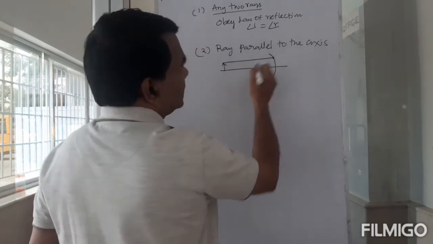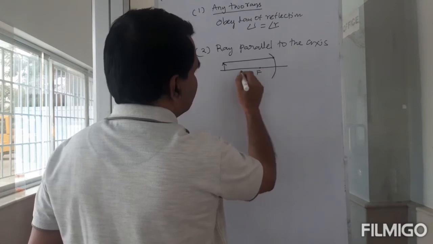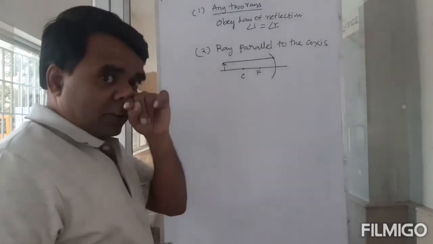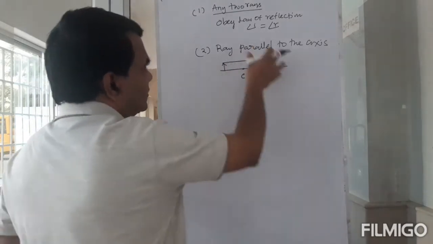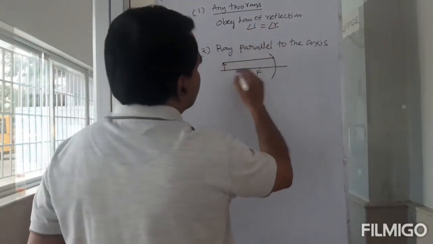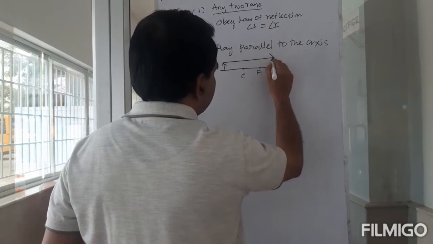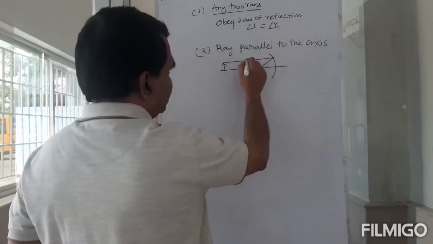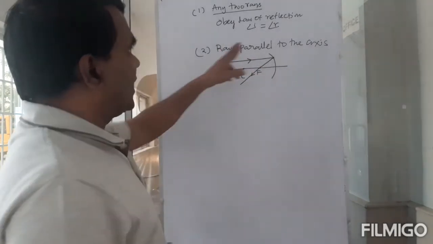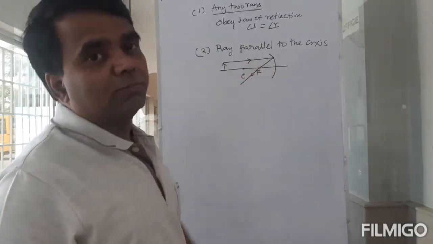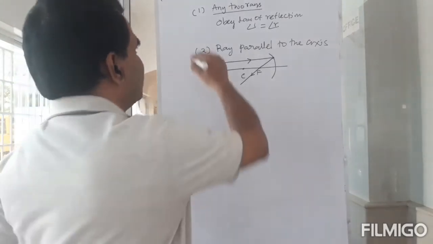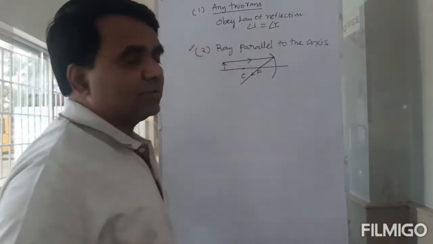So this is F, and this is C, where C is the center of the sphere, the spherical mirror. Okay, this we saw. A ray parallel to the axis will go through the focal point. That's an easy ray to pick for any object.